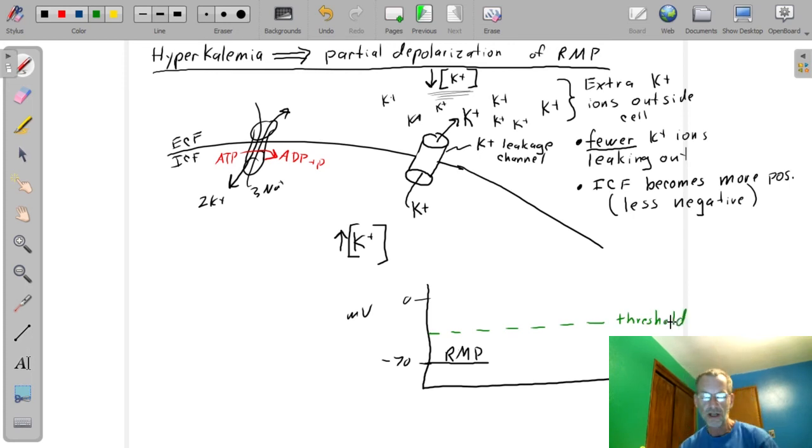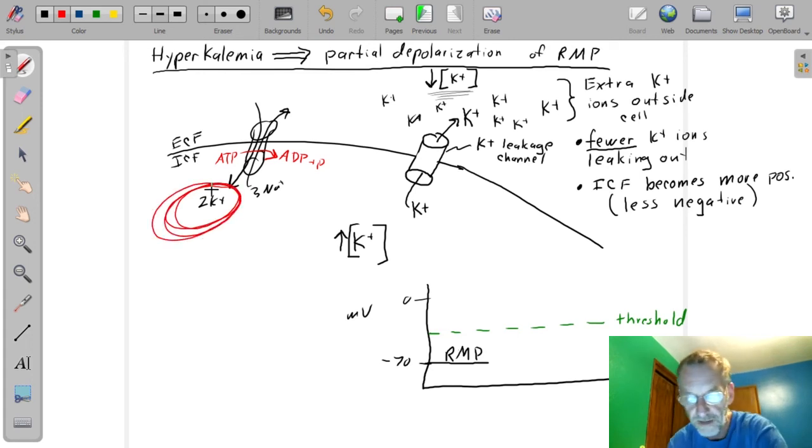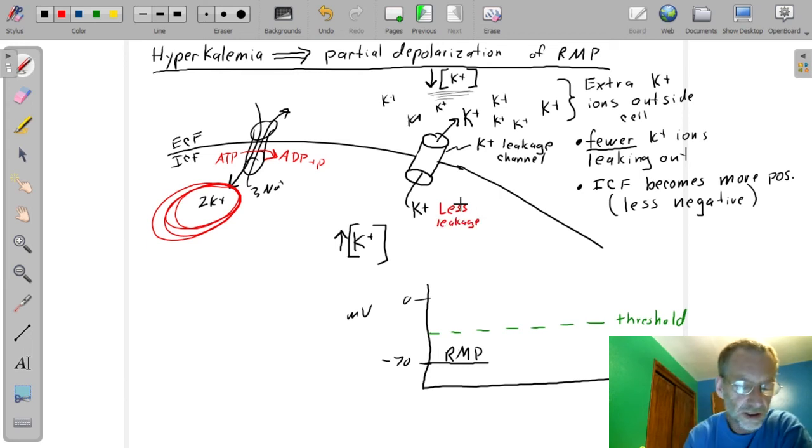And now we have hyperkalemia. Remember that the sodium-potassium pump is always running, so it continues to pump in potassium, and there's fewer leaking out, so let's say less leakage. I didn't put my charges on the membrane to begin with. You remember what those are anyway. Let's stick with black.